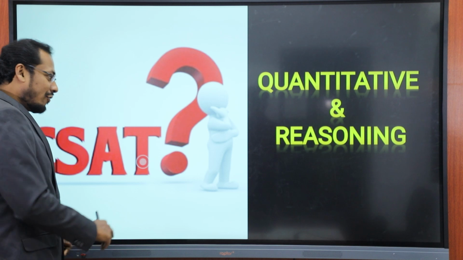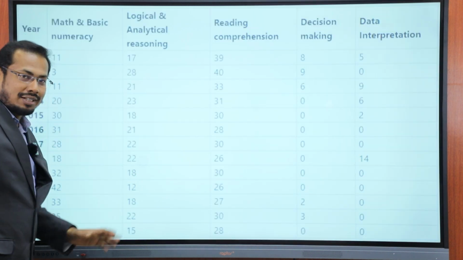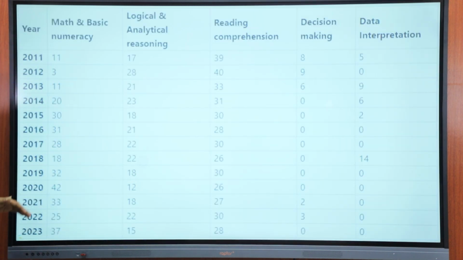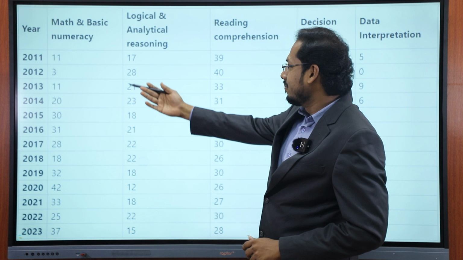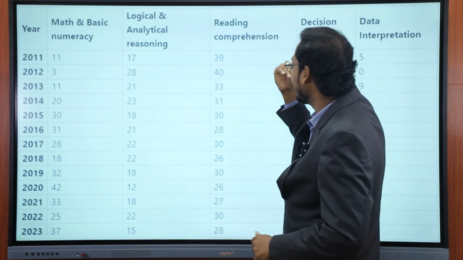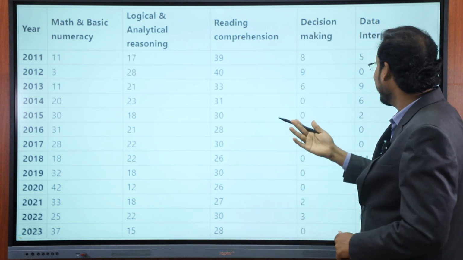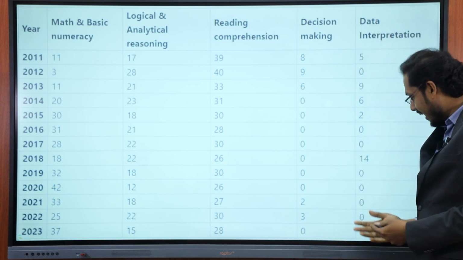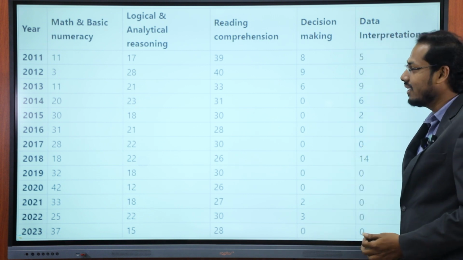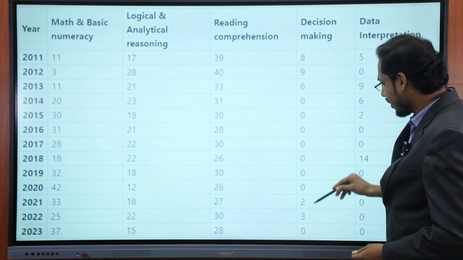Right. First, I want to show you how the questions were across the years. Look at this: math basic and reasoning, reading comprehension (RC), and decision making, data interpretation. Initially data interpretation questions were asked, but in the last 3-4 years they are not asking anything, and decision making questions too.